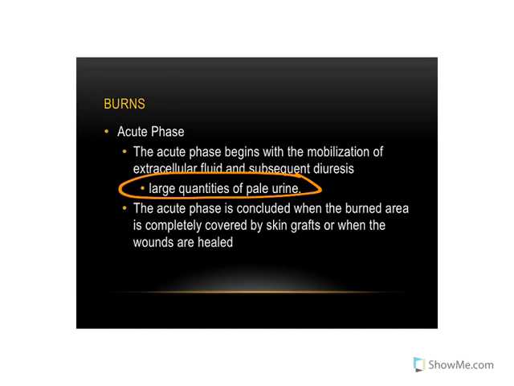This phase is going to last, again, until we actually go through the process of covering that burned area with skin grafts or however the healthcare provider is going to provide the end outcome.